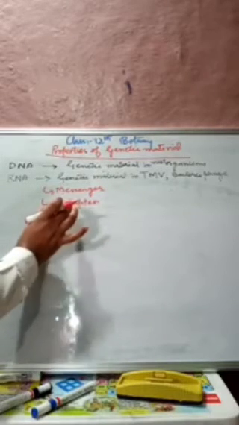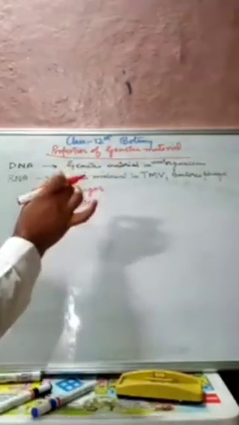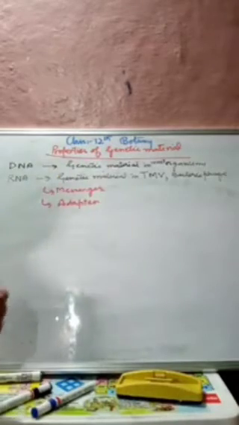Now, what is the difference? DNA is the genetic material in most of the organisms. RNA is a genetic material in few organisms like TMV and bacteriophage. RNA can mainly perform the functions of messenger and adapter.